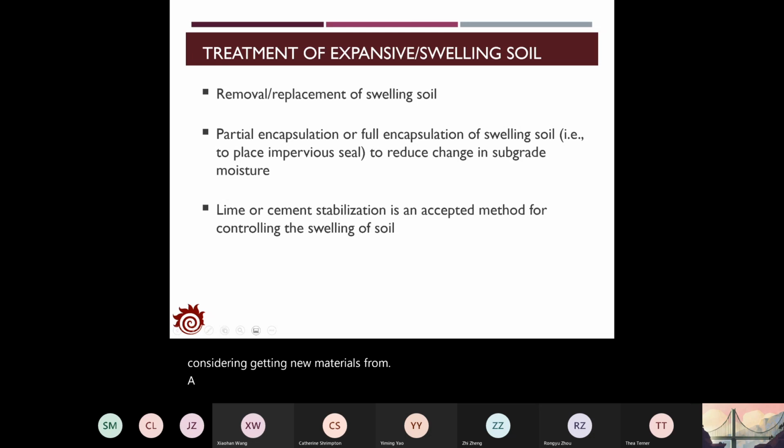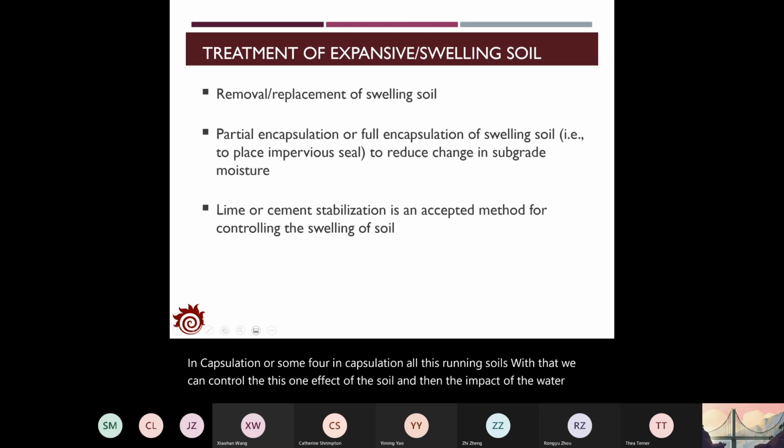And the second method is that you can apply some partial encapsulation or some full encapsulation of the swelling soils. With that, we can control the swelling effect of the soil, and then the impact of the water contents on the swelling soil will be minimized.